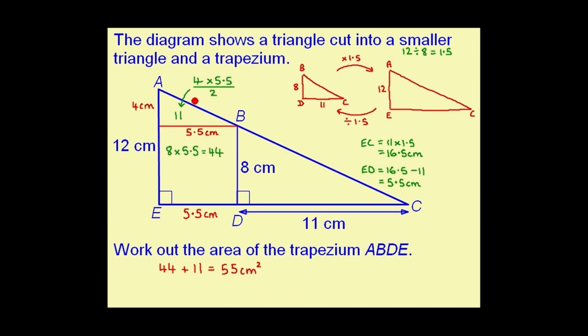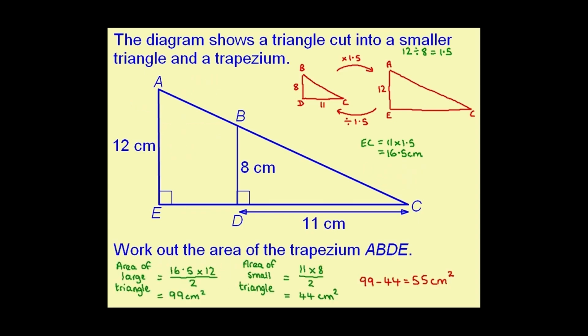Alternatively, you might have split the trapezium up into a rectangle and a right-angled triangle. Again, you get 55 centimetres squared for the area. Or you might have decided that to find this area, you can do the big triangle's area, take away the small triangle's area. The working out would look like this, and you get 55 centimetres squared again.